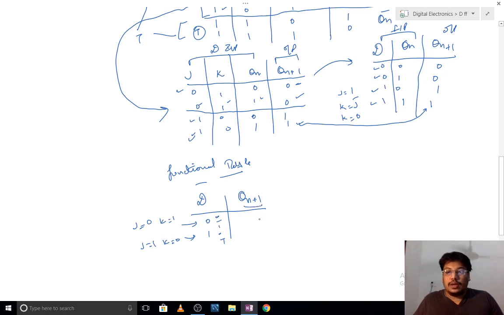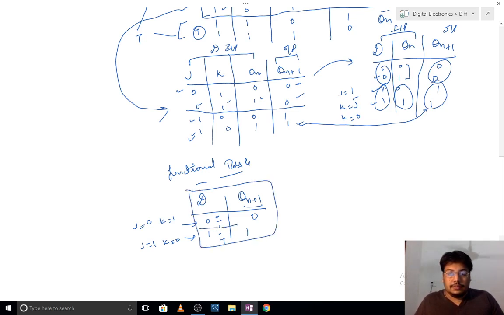If D is 0 and Qn is 0 or 1, then the output is 0. If D is 1 and Qn may be 0 or 1, then the output will be 1. So this is my functional table. This is how we have projected the functional table.